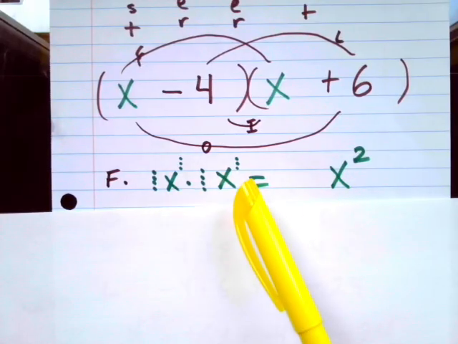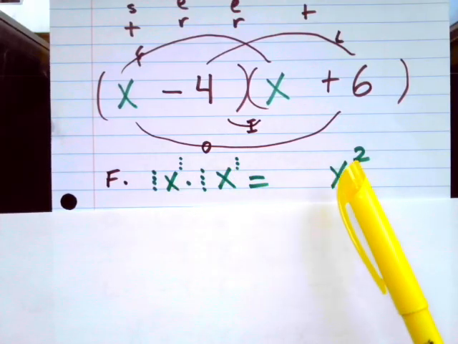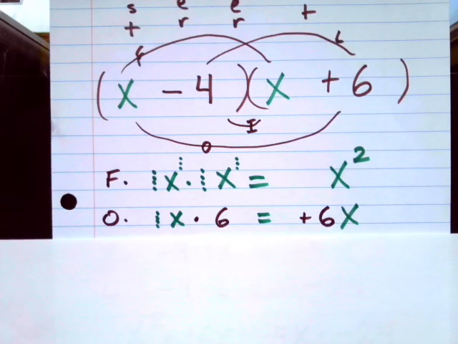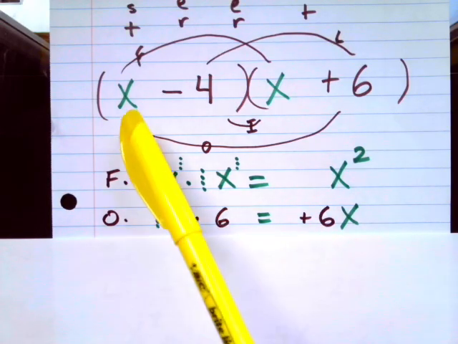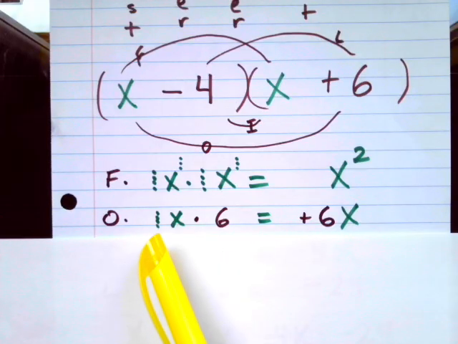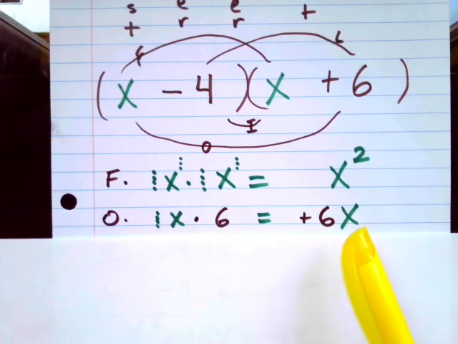When we multiply, we add those exponents, which gives us 2. X times x is x squared. Let's look at the outer process here. We have 1x times the positive 6, showing the invisible 1. 1 times 6 is 6. That x variable is attached through multiplication, so you're going to keep it here in simplifying this step.